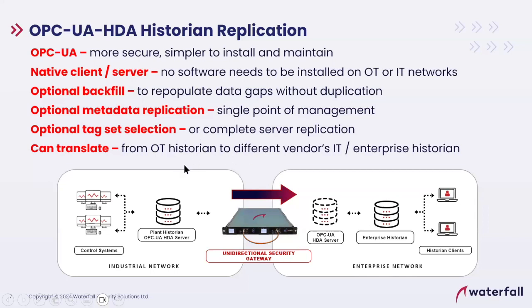And again, the last tag here, I've talked about, you can have different historians inside versus out. That's a feature that I think is going to be very popular in the future, because it's so easy to do, and because it lets you connect different kinds of historians together very simply.